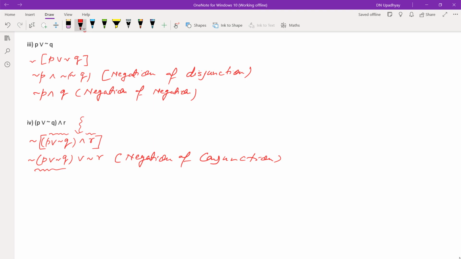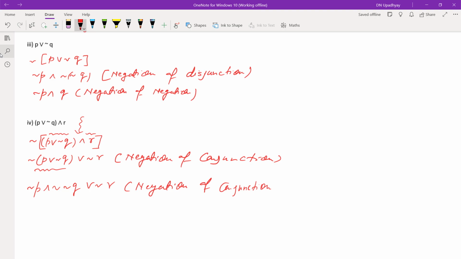So negation P and negation of negation Q or negation R. So this is negation of what? Conjunction. Negation of conjunction.